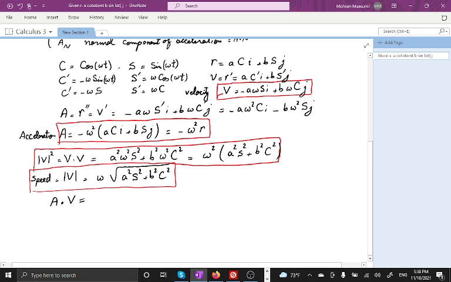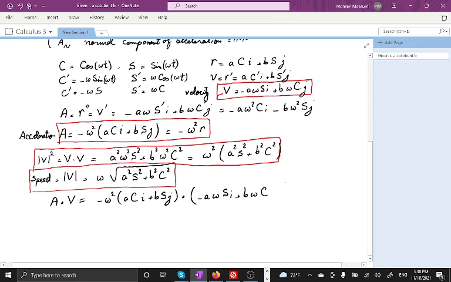You have a here, you have v here, so just dot the two of them. So I have minus omega squared (a c i plus b s j), and I'm dotting this thing with the other one, which is minus a omega s i plus b omega c j.